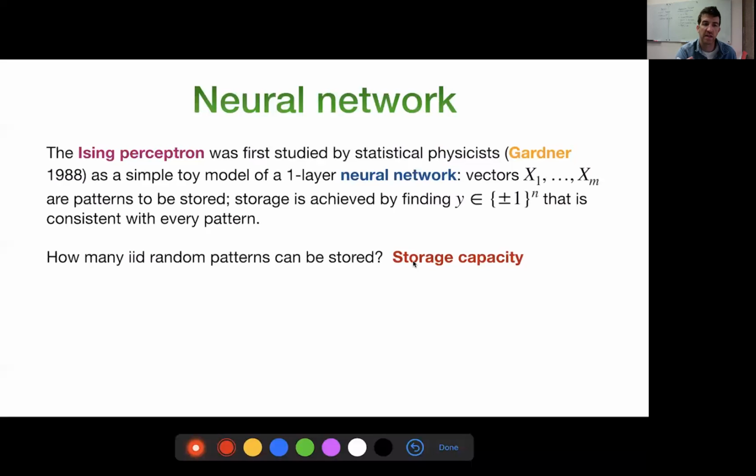And so the question is, how many IID random patterns can be stored? This is exactly the question of when do there exist solutions, when is sigma non-empty? And this threshold is called the storage capacity. In the literature, this threshold for emptiness or non-emptiness is the storage capacity because of this initial motivation for neural networks.